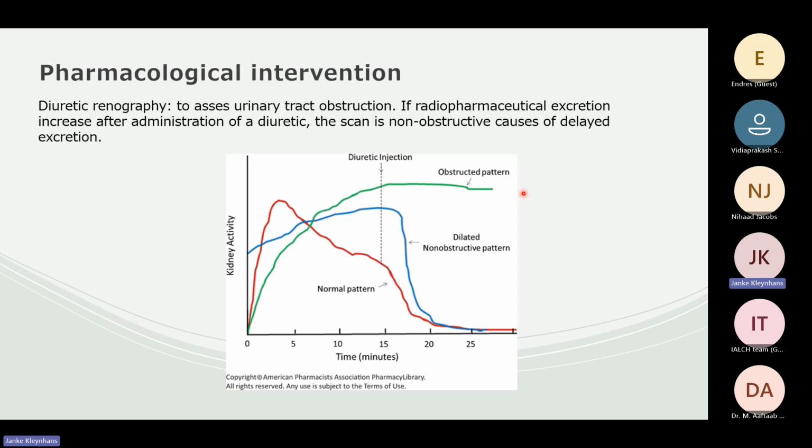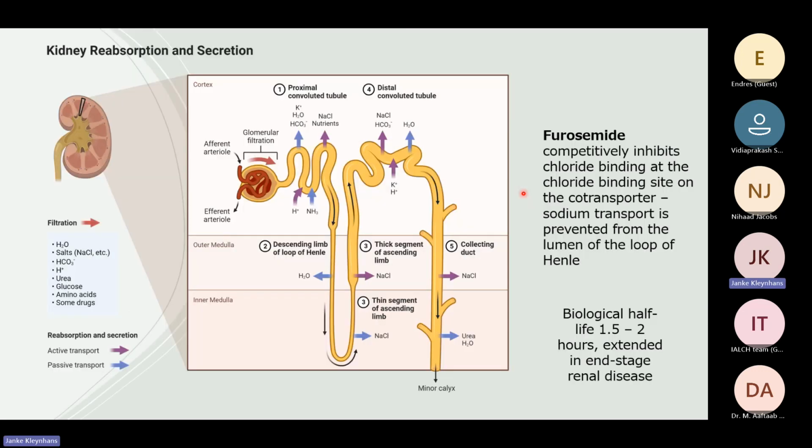If there is obstruction, the administration of the diuretic will not change the renogram. So we use furosemide that works at the thick segment of the ascending limb of Henle, the loop of Henle, and it competitively inhibits chloride binding, and so the sodium ions are still in the lumen, and that increases the excretion of water.